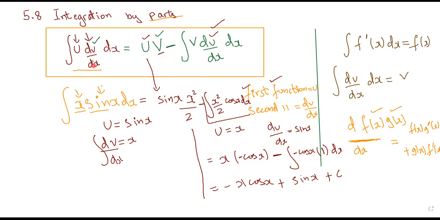It's just a format of writing it. Just think about it as two functions being multiplied, and this is the second function, and you need to multiply the integral of the second function. Since the integral of dv by dx would be v, just to keep things simple, we write this v here directly.